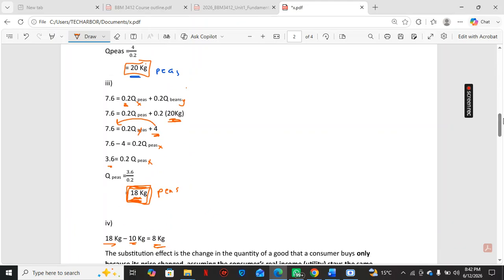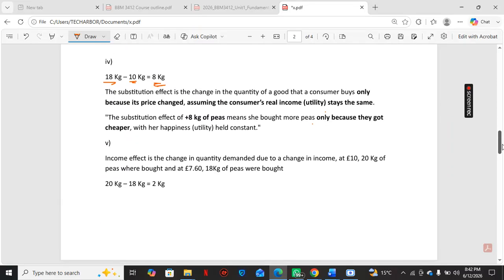But in solution 3, our income has dropped, and now we're buying only 18 kg of peas. So due to the income drop, we are buying less peas. The income effect is 20 kg minus 18 kg, that gives us 2 kg.